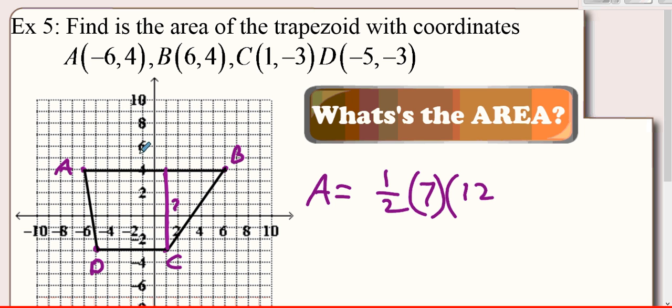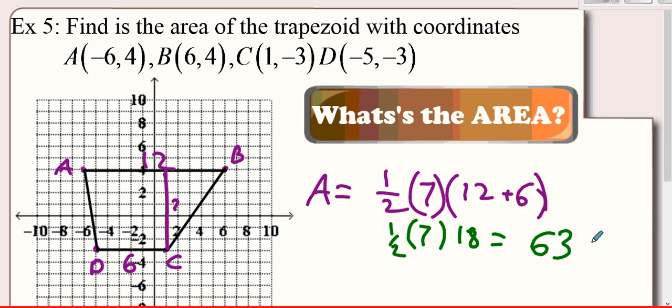This side is 12, and then this side is 6. So that's 18 times 7 times 1/2. That's the same as 9 times 7, so 63 units squared for area.